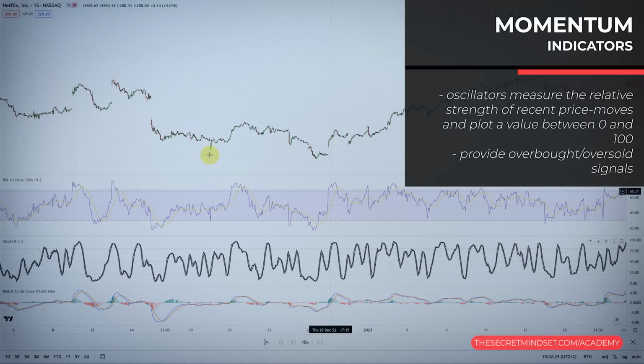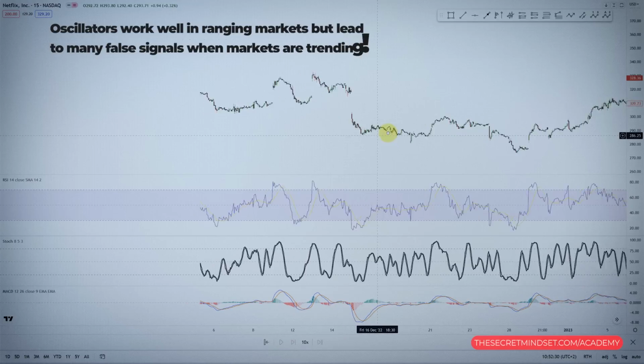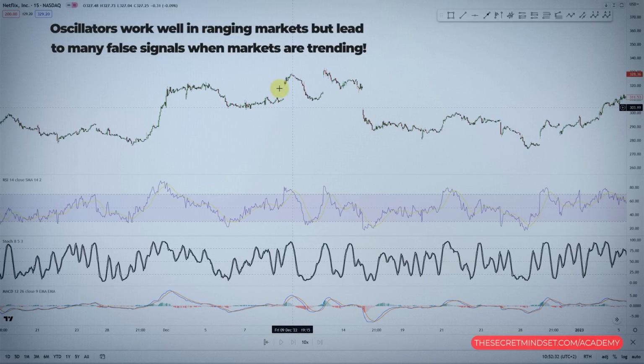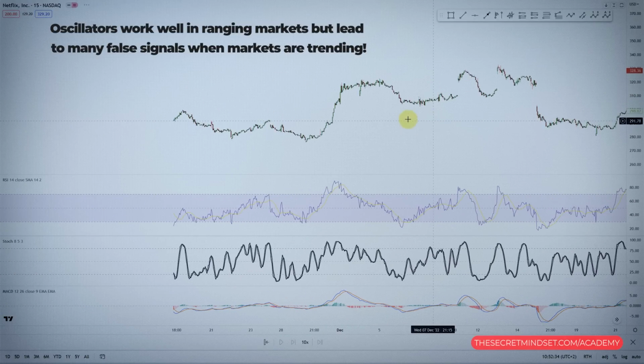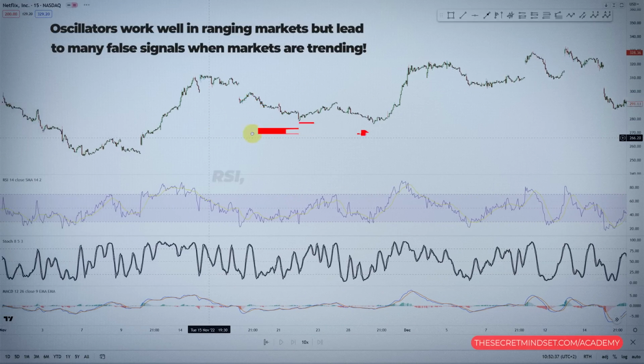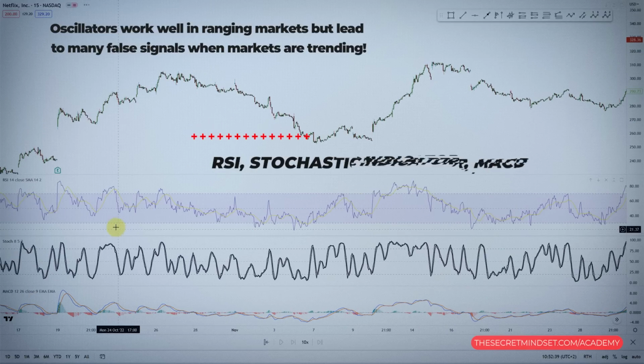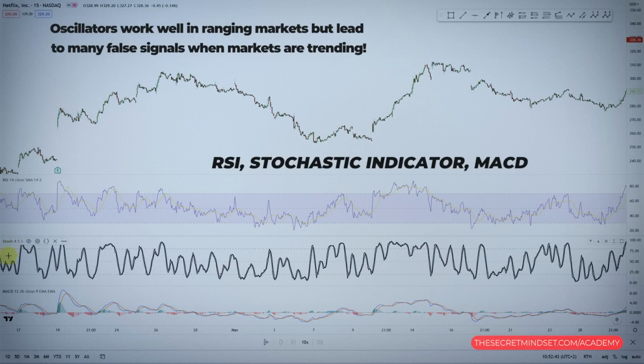Similarly, if prices are falling, an oscillator is designed to reach oversold levels. Oscillators work well in ranging markets, but lead to many false signals when markets are trending. Popular oscillators are the Relative Strength Index, the RSI, the Stochastic Indicator, and the MACD.